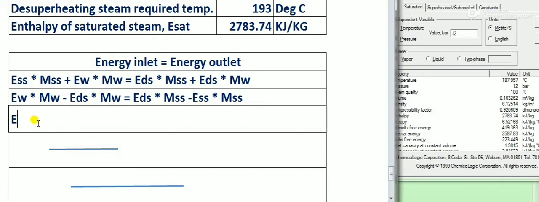So we require only the mass flow rate of water. We take out this MW, mass flow rate of water, into enthalpy of water minus enthalpy of desuperheated steam, which is equal to, taking out what is common, the mass flow rate of superheated steam, into enthalpy of desuperheated steam minus enthalpy of superheated steam. Correct.